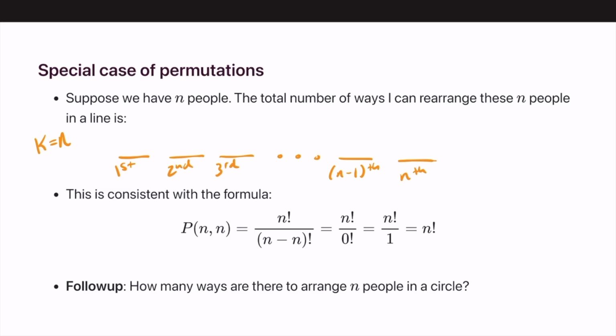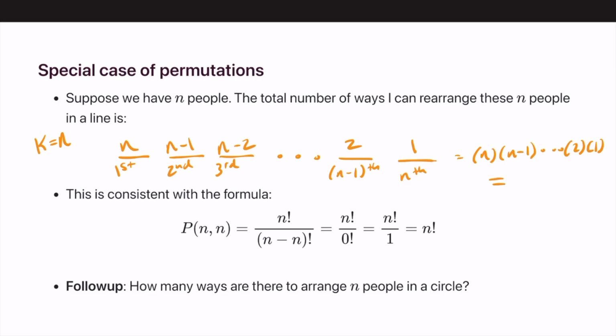So we would have up here n, n minus 1, n minus 2, all the way until we get to 2 and 1. So this is really telling us that we have n times n minus 1 until we have 2 times 1.